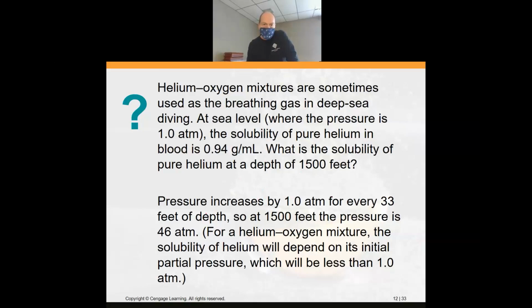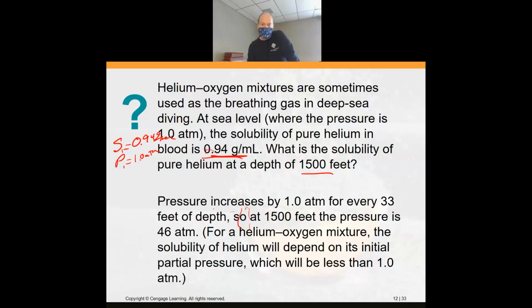The solubility of pure helium in blood is 0.94 grams per milliliter. What is the solubility of helium at a depth of 1,500 feet? Well, we need to know what that pressure is. Here is the solubility, 0.94 grams per milliliter at a pressure of 1 atmosphere.